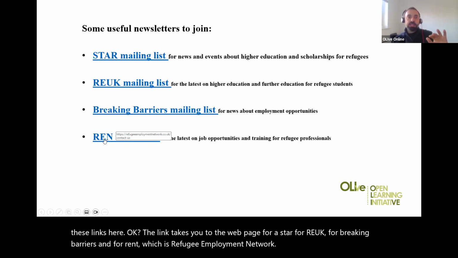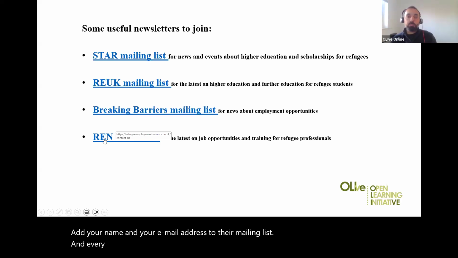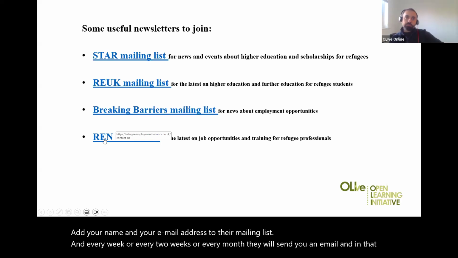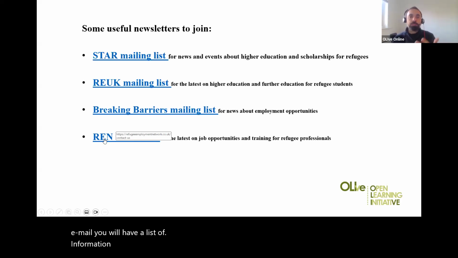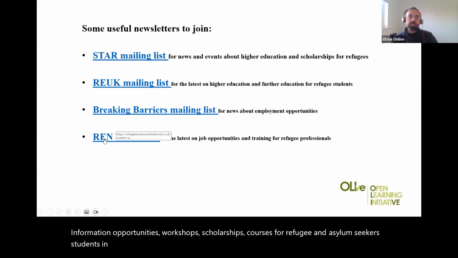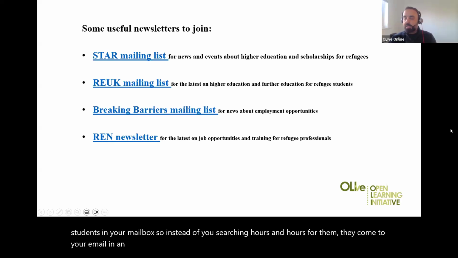Add your name and your email address to their mailing list, and every week or every 2 weeks or every month, they will send you an email, and in that email you will have a list of information, opportunities, workshops, scholarships, courses for refugee and asylum seeker students in your mailbox. So instead of you searching hours and hours for them, they come to your email in an organized and structured way. And then you can follow up on those opportunities.